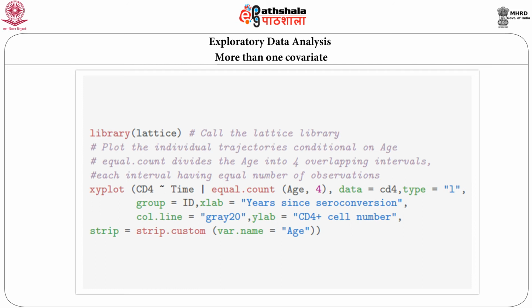But there are 369 people, so we have quite a large number of unique ages. So we use the function equal.count, equal.count(age, 4). What does this function do? It divides the age into 4 overlapping intervals such that each interval has an equal number of observations, and then it produces the conditional plot, which is here.